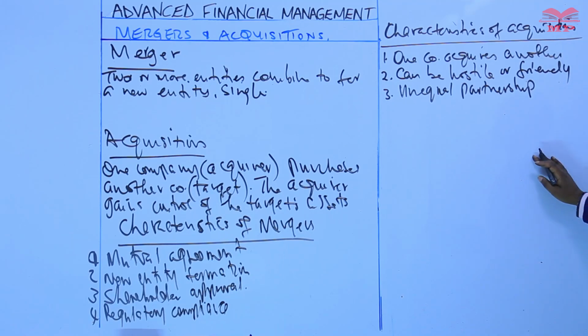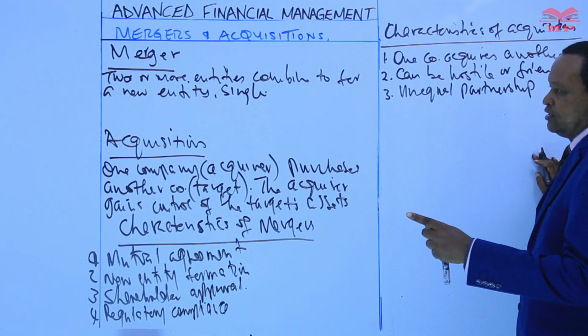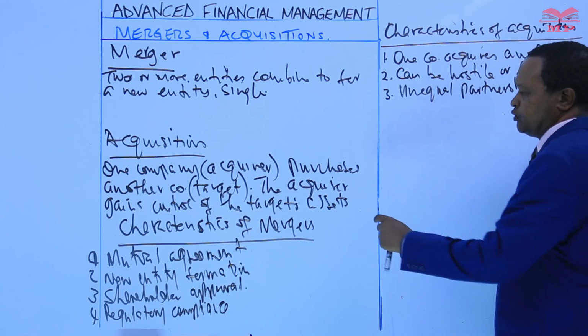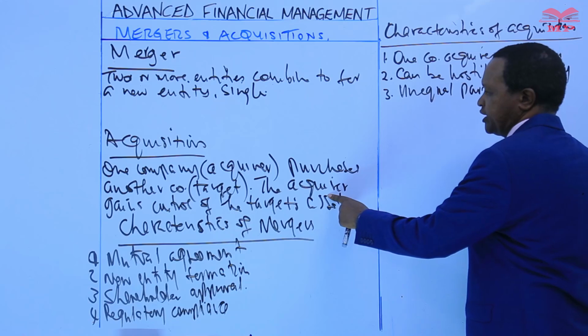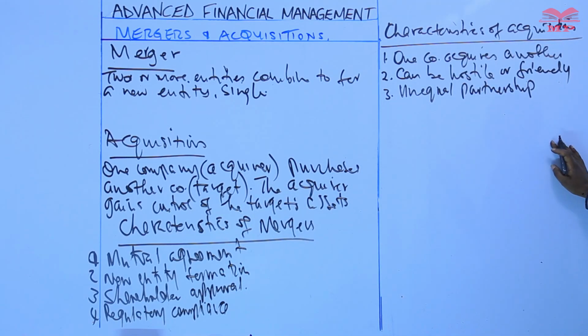Unlike mergers, acquisitions typically involve an equal partnership, where the acquirer usually has a controlling interest in the combined entity. The acquirer gains control of the target's assets and operations.